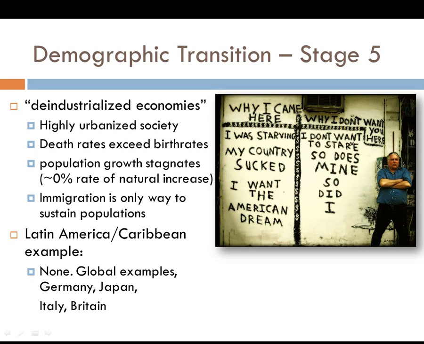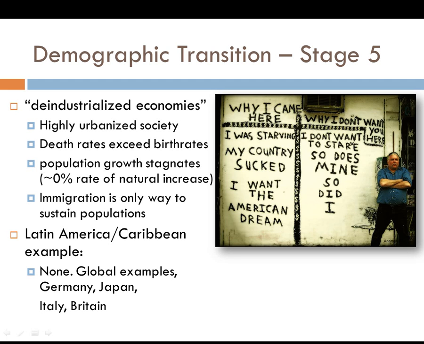There aren't really any Latin America, Caribbean examples, and actually, when we think about this, the United States would be one of these post-industrialized or deindustrialized economies without immigration, right? The only reason why we have a replacement rate, population increase, and a little bit more for growth is because of immigration in this country, which a lot of people don't realize.